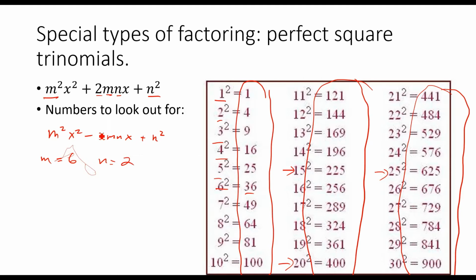Well then a perfect square trinomial made from these two values would be 36x squared plus 2 times 6 times 2x plus 2 squared, which is 4. Now 2 times 6 times 2, that's 24. So we have 36x squared plus 24x plus 4 as a perfect square trinomial.